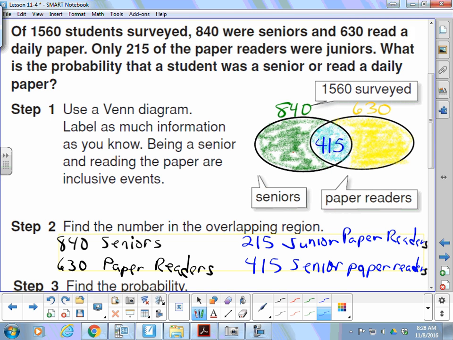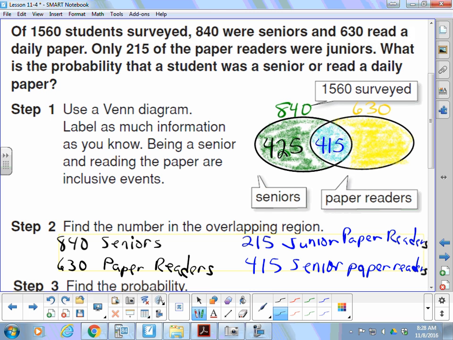All right, so we need to find these other two numbers then. So 840 minus 415 is going to be 425. Oh, let's make that black. So there's 425 seniors that are not paper readers, okay?